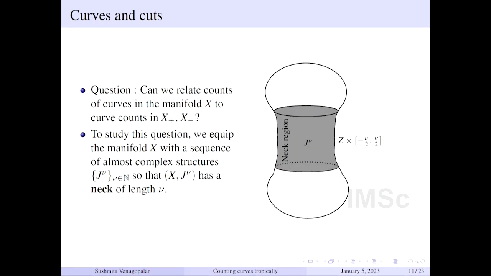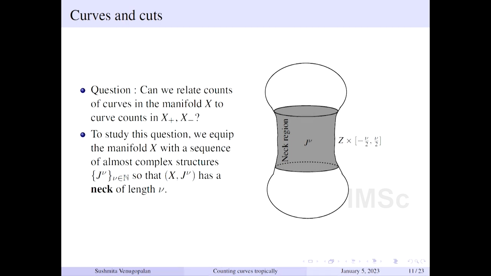To start thinking about the problem, what we do is we take the manifold X and stretch the neck region, like the Z along which we were cutting the manifold. And by stretching, I mean I'm changing the almost complex structure on it.